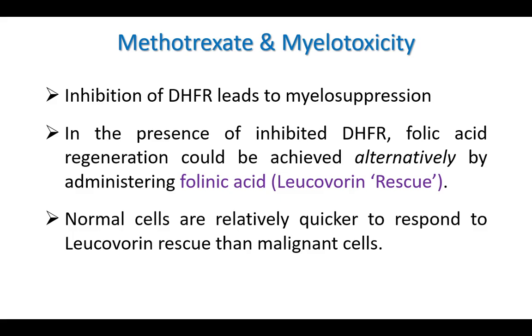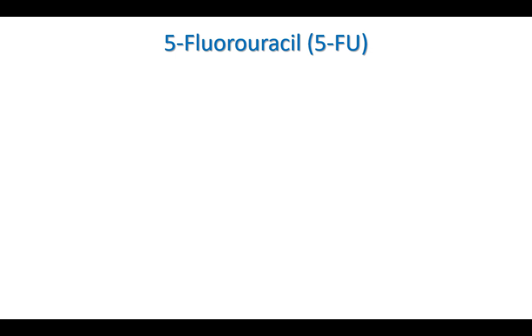By that time we are assuming that the cancer cells will be killed or will have the toxicity of the methotrexate, and then you give it so that your normal cells, like the bone marrow cells, are rescued from the adverse effects of methotrexate. Okay, so we call it leucovorin rescue.